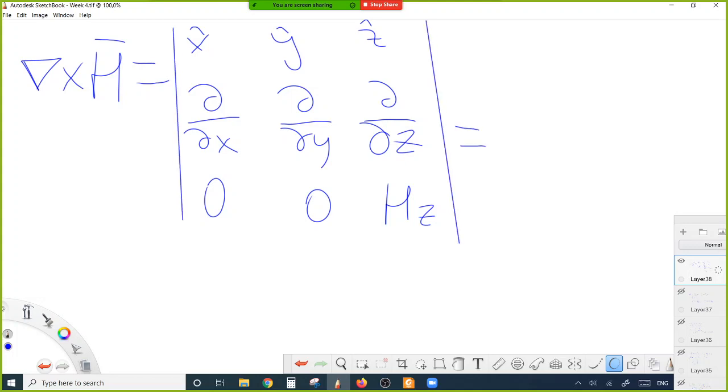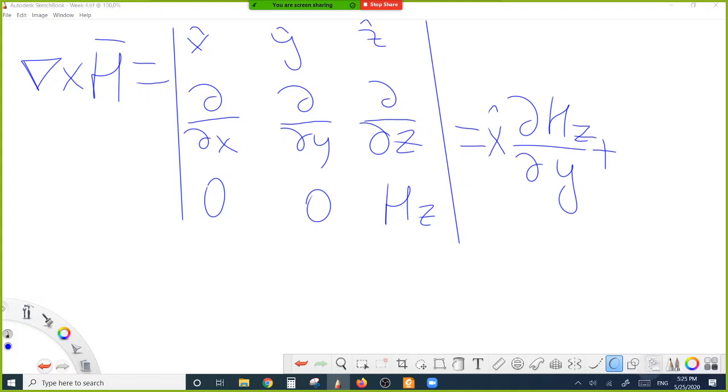Okay, and it is equal to, if we take x, dHz over dy, if we take y, plus, or better minus y, dHz over dx.